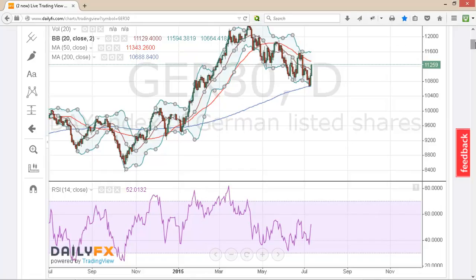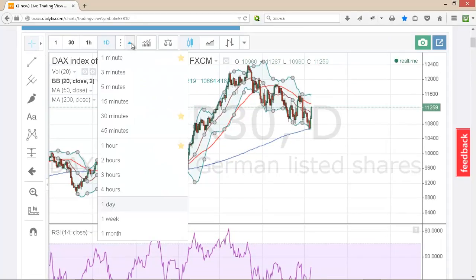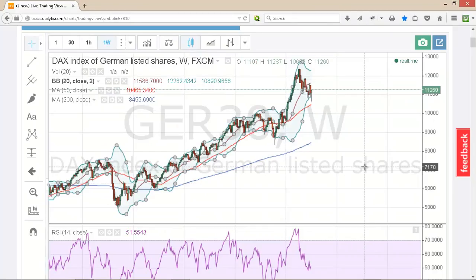Actually, I'll finish up on that with this analysis. It might be more clear if I look at the weekly chart. Okay, so from the weekly chart perspective, should I wait till the weekly RSI crosses 70 to be my signal to sell?